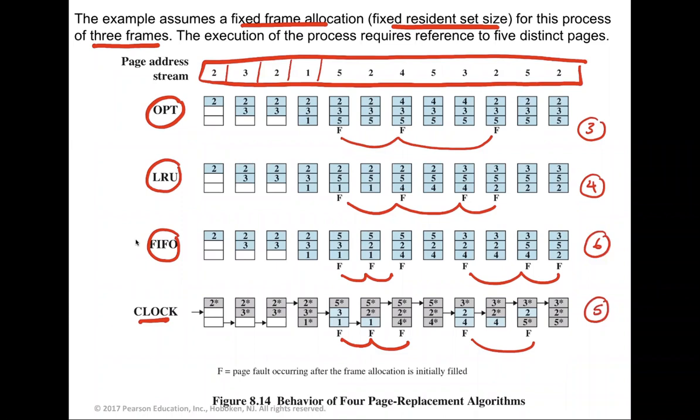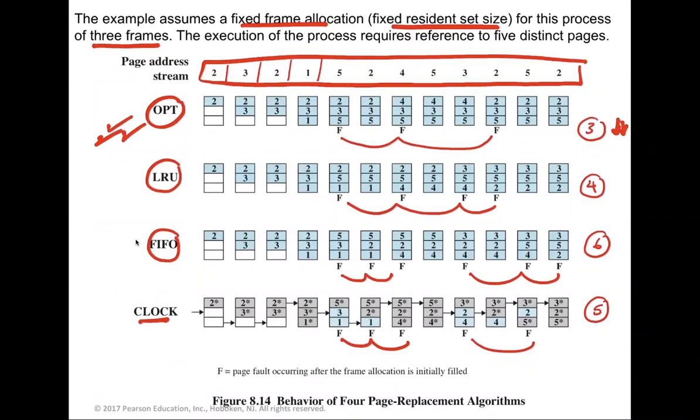If our criterion is which replacement policy you would use to provide efficient memory management, meaning minimizing the number of page faults, at this point maybe the selection will be the optimal strategy because it has the lowest number of page faults.